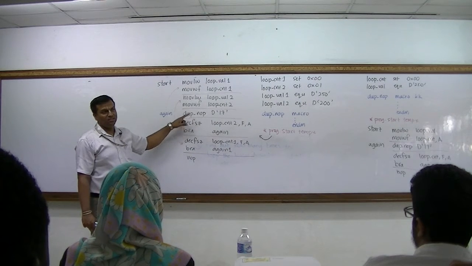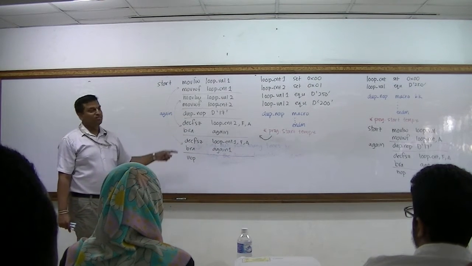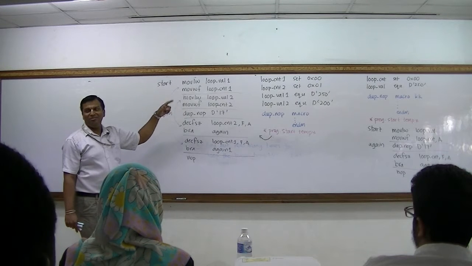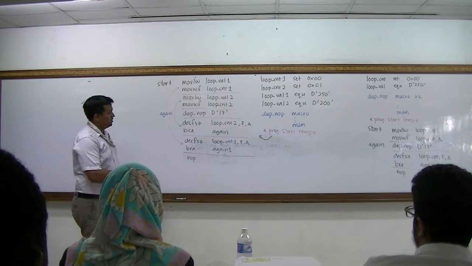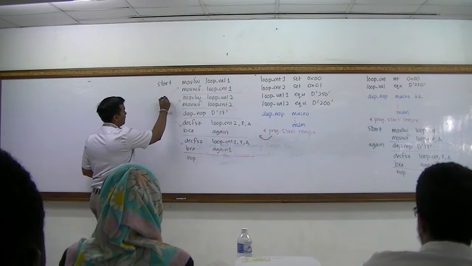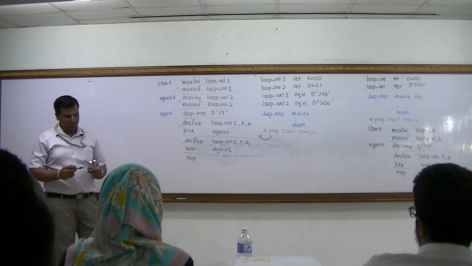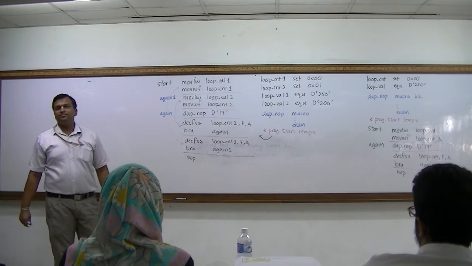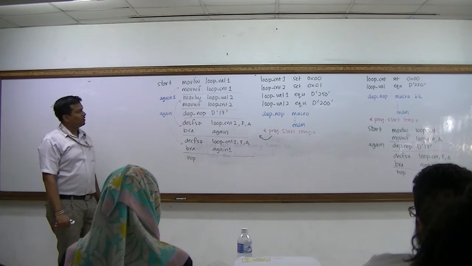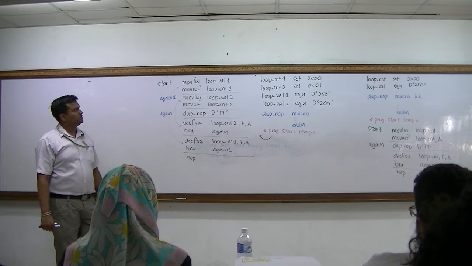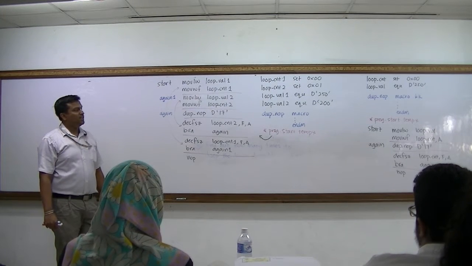So this 200 time loop needs to run for 250 times. So the branch again should come here. You need to load back the loop value. Does it make sense? Any question or something?